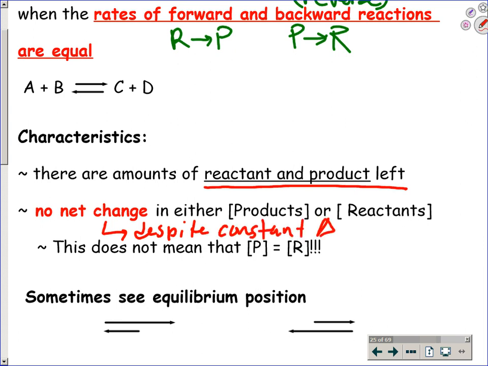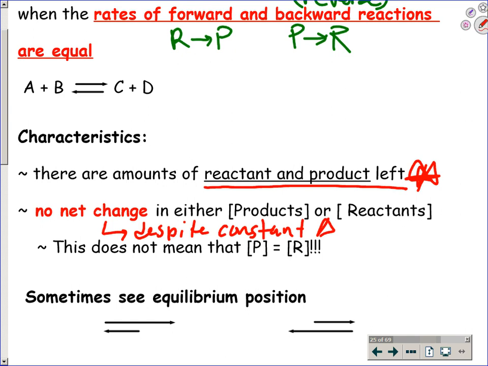So I could give Maverick $20, he gives me $20 back, I give him $20, he gives me $20 back, I give him $100, he gives me $100 back, I give him $5, he gives me $5 back. What happened? Nothing. We just exchanged some money back and forth, literally no change occurred. So one thing to note is despite the fact that we're at equilibrium, everybody thinks, oh, equilibrium means equal.